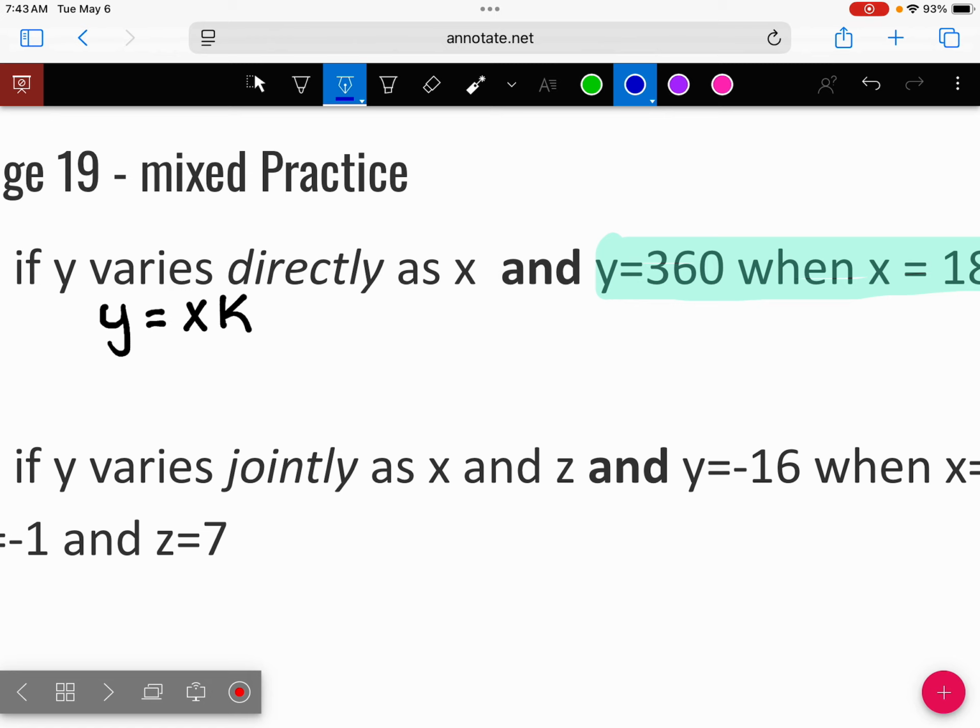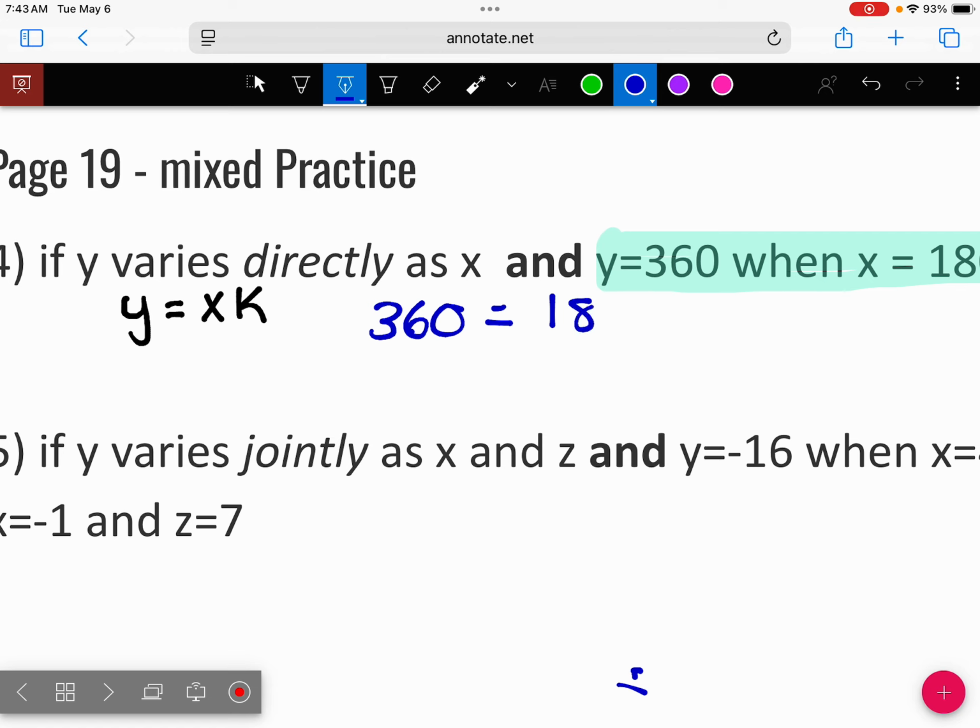So let's substitute in the pieces we have. We know that y equals 360 if x is 180, and it's going to be times some number. So we have to figure out what k is. What's our k going to be?